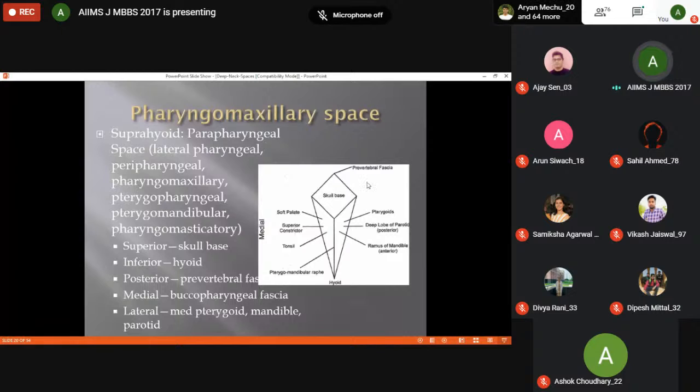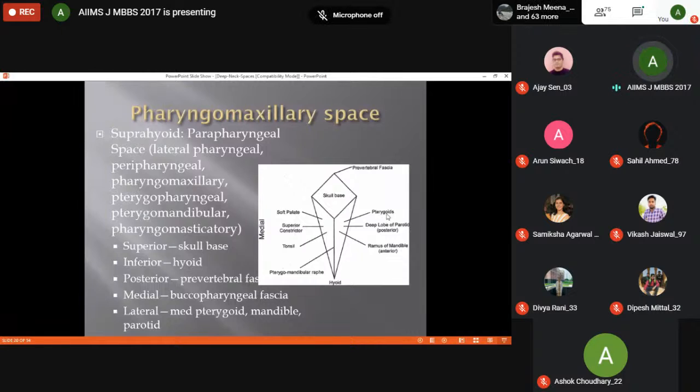This is a 3D picture. On the medial side there is the superior constrictor, which is basically a muscle of the pharynx. Then comes the tonsil, and laterally it is bounded by the pterygoid muscles at the junction of the mandible. The pterygoids basically insert on the mandible.